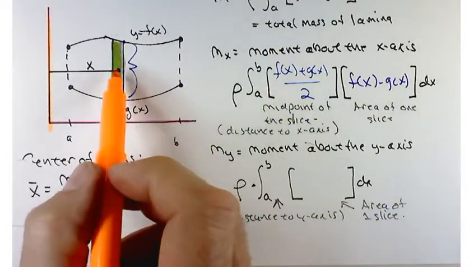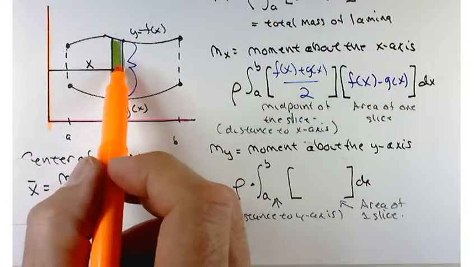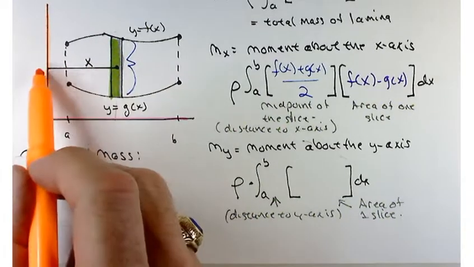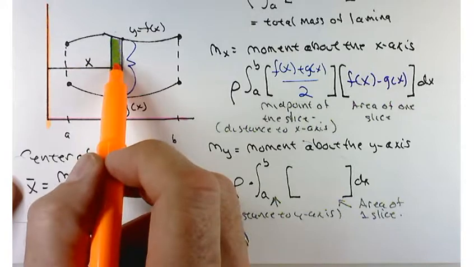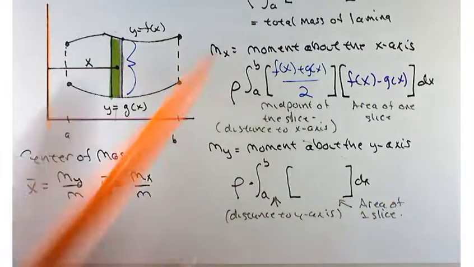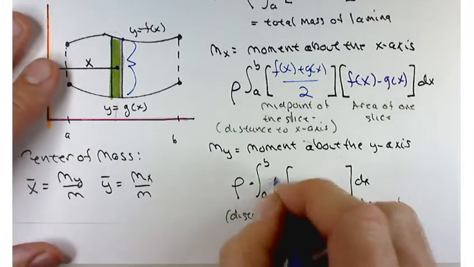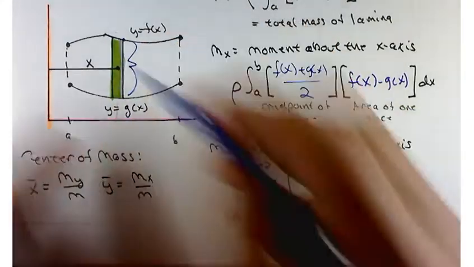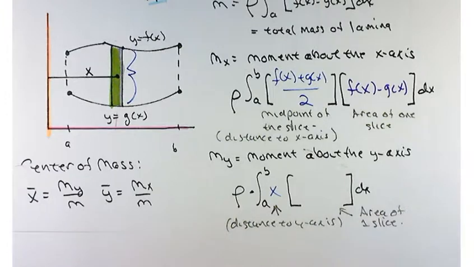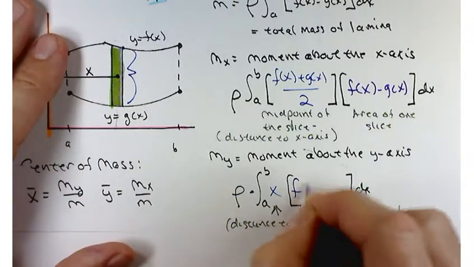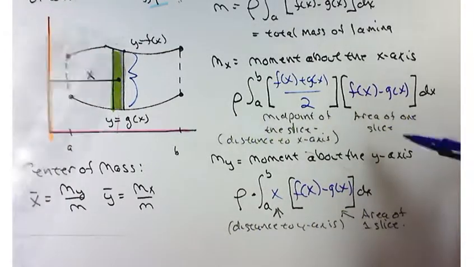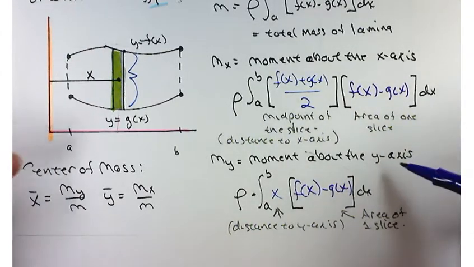And that is the distance over which that slice operates. The distance from the y-axis to here is just x. So it's going to be x times this area again. So that area we just dealt with up above is f of x minus g of x. That's going to give you the moment around the y-axis.